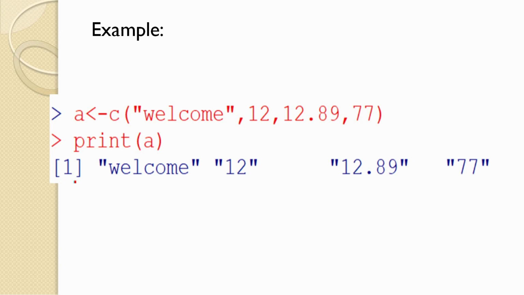If we give the command print a, it prints everything as a string. We can see that every element is surrounded by double quotes. Also, in the absence of a string, we get every element treated as float, as after string the preference is for floating point or decimal point elements.